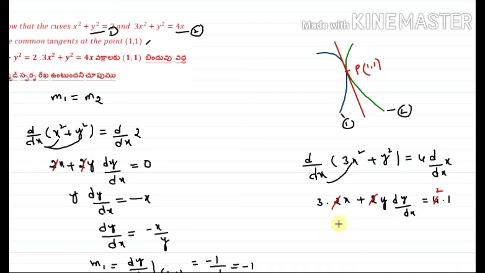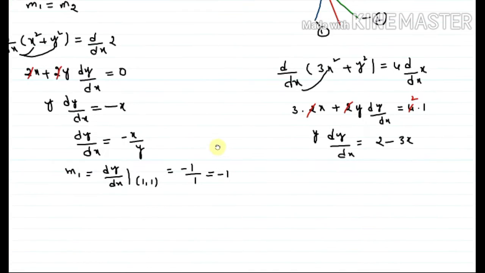On simplification I will get y into dy by dx is equal to 2 minus 3x, so dy by dx is equal to 2 minus 3x divided by y.